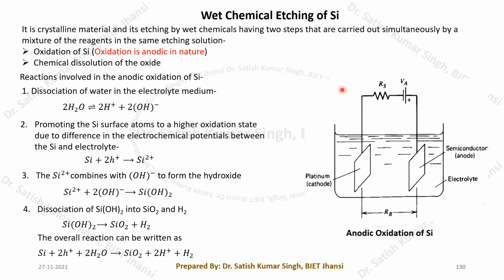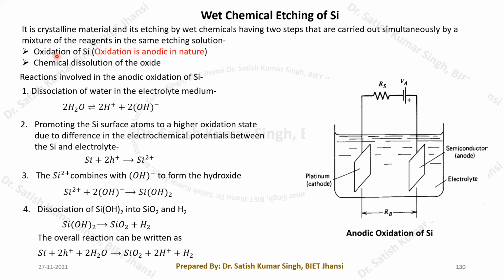So one time we are using the physical dry method, physical etching process, and in the other system we are using dry chemical etching. But if you wish to do it by wet chemical etching, the first thing we have to perform is the oxidation of this silicon.